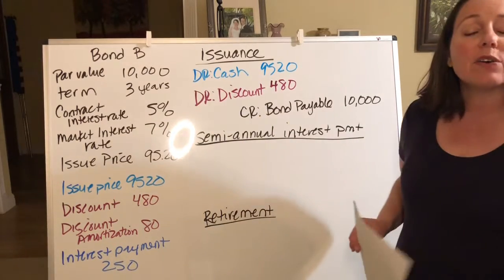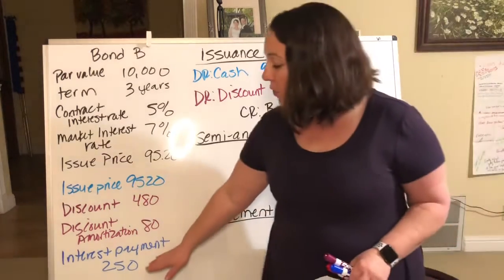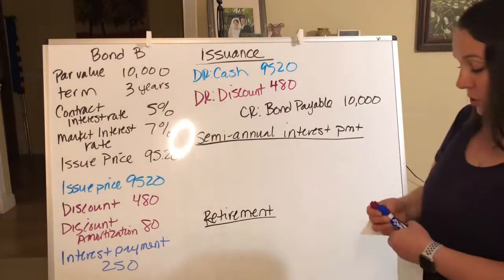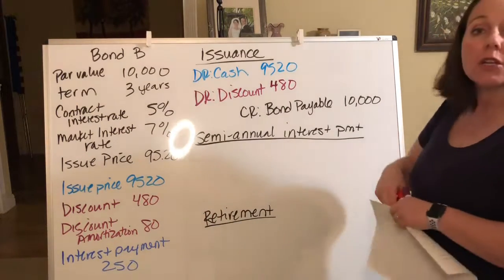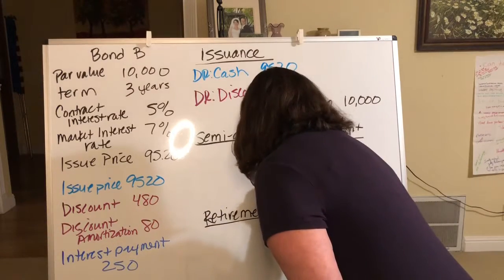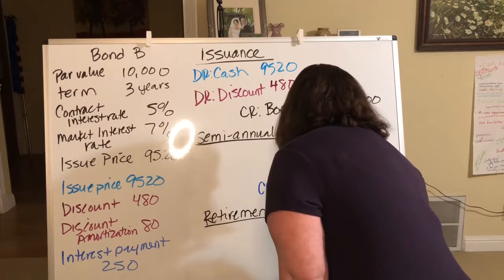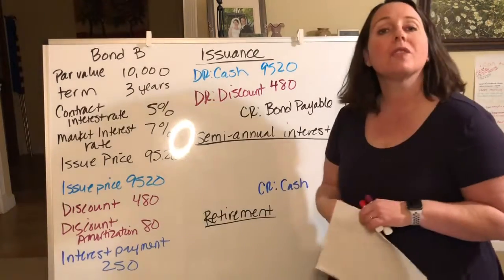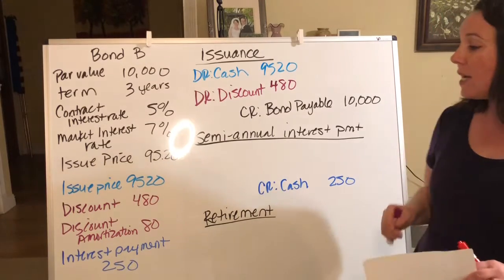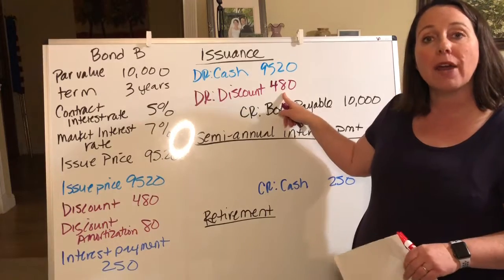All right, now it's time to make our first semi-annual interest payment. We said the amount of cash we're actually going to pay is $250. So we're going to credit cash for $250. We're also going to amortize our discount. And when we amortize our discount, that's a credit because we want to make this smaller every time.